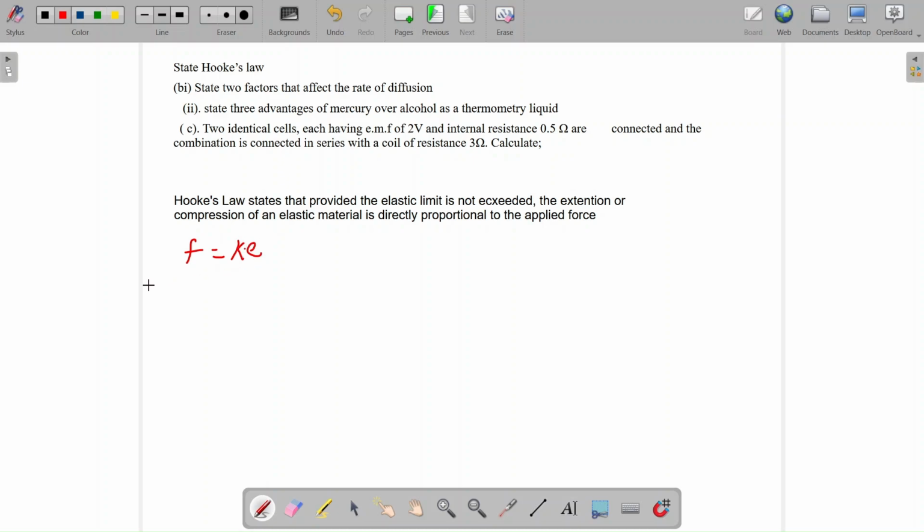F is the applied force, K is the elastic constant, or called spring constant, and e is extension.